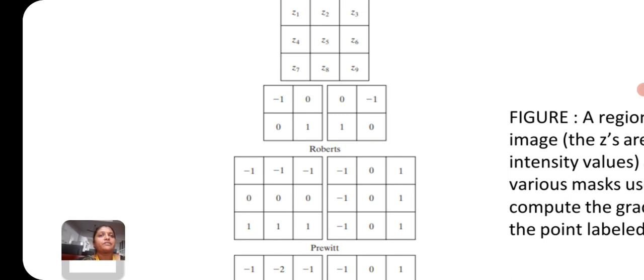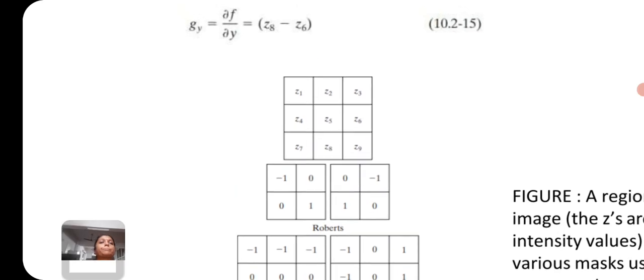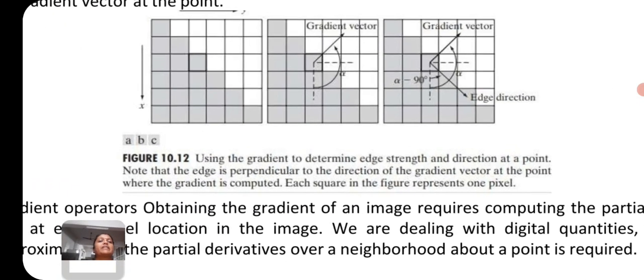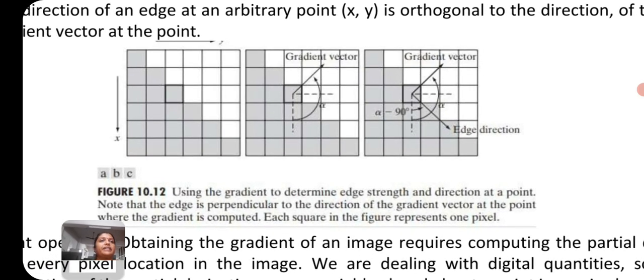And there are two types of diagonal detection, that is -45 degree and plus 45 degree. For 45 degree, the first row contains 2, -1, -1, the second row contains -1, 2, -1, and the third row -1, -1, and 2.